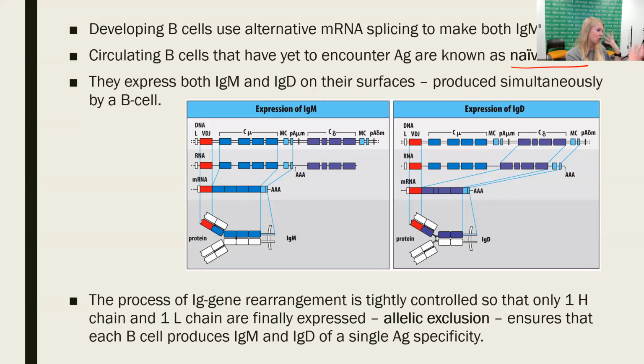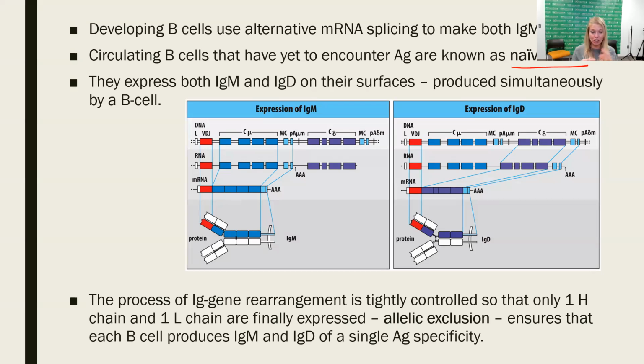You won't have 72 different chains made here of the heavy and 72 of the light. That'd be a mess. And so B cells have a process called allelic exclusion, meaning that they are going to only recognize one type of antigen.